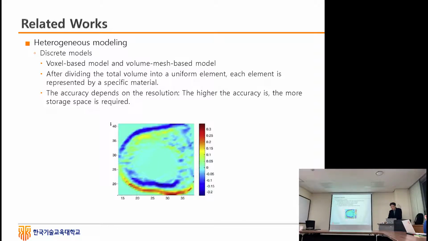In this model, the total volume is divided into uniform elements like this, and each element is represented by a specific material property value. So in this representation, the accuracy depends on the resolution. The higher the accuracy, the more storage space is required.